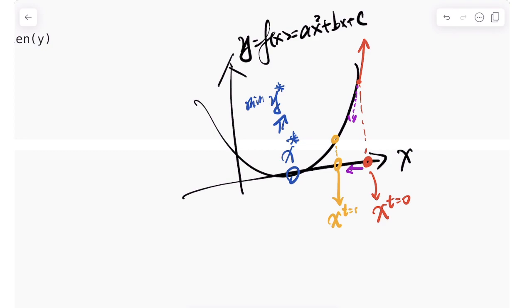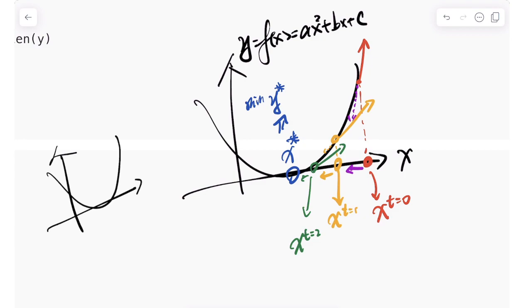And again, here's the tangent line, right? So go to the opposite direction, which is the left hand side, and here you can obtain a new X, and again the tangent line, and you go to the left. So basically for a convex curve, the process should be like this: left hand side, left hand side, left hand side.